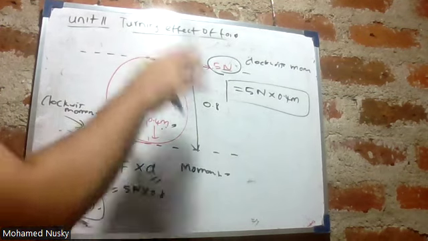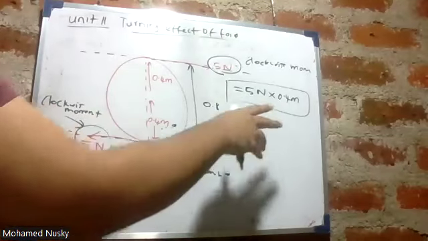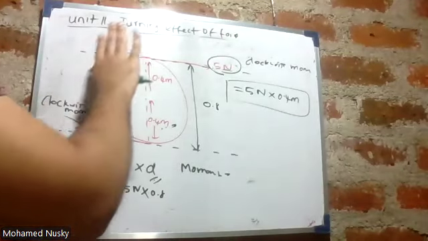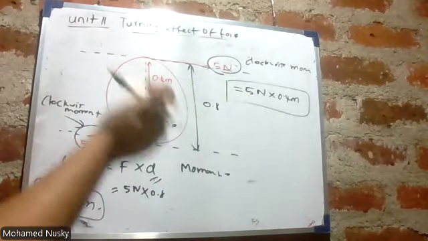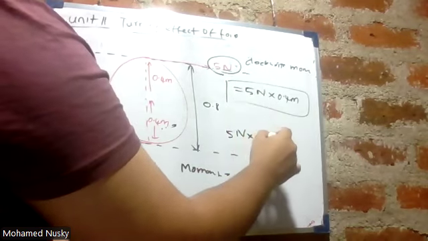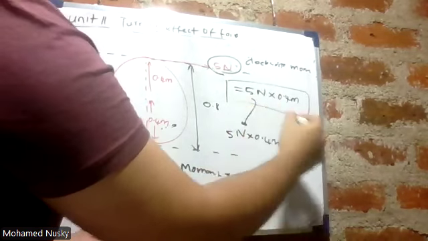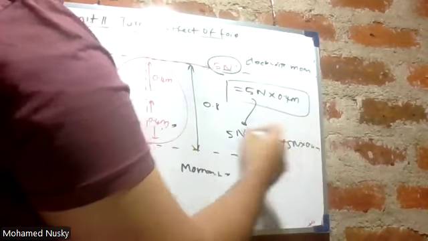Because these two are in the same direction, both clockwise, I can add both the clockwise moments. So 5 Newton into 0.4 plus 5 Newton into 0.4.